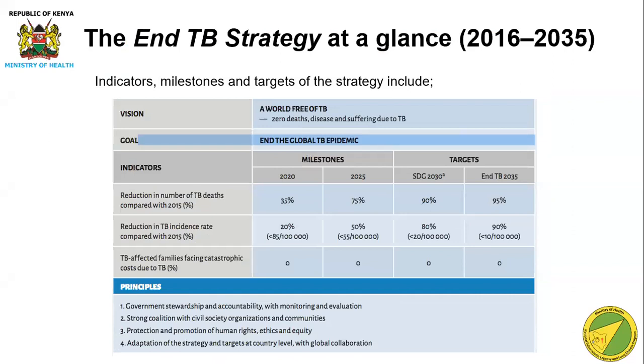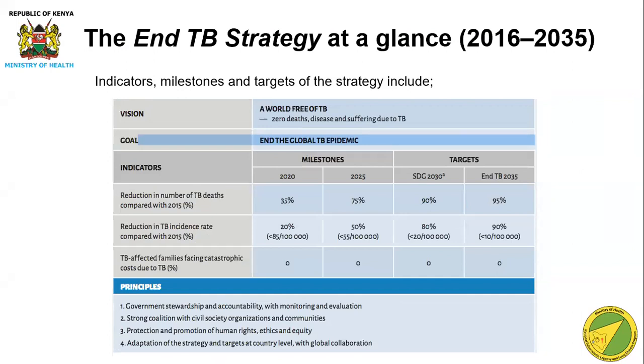So what are the indicators and the milestones and targets of the NTP strategy? The vision of the NTP strategy is a world free of TB. There should be no deaths.